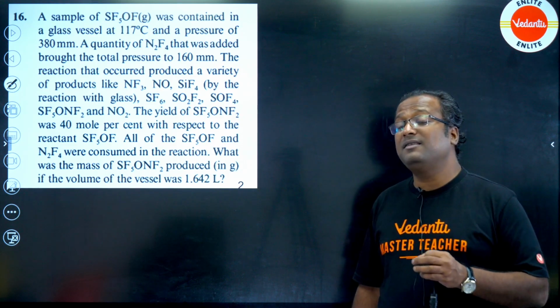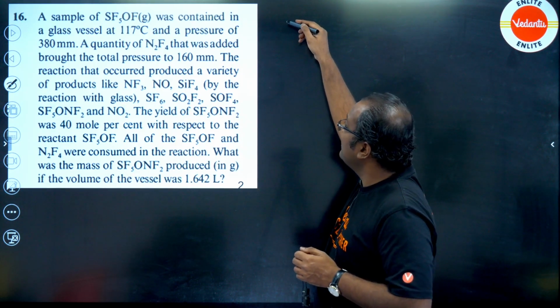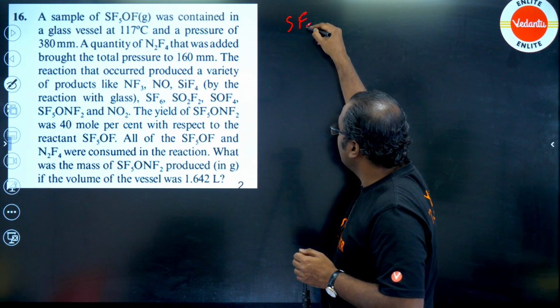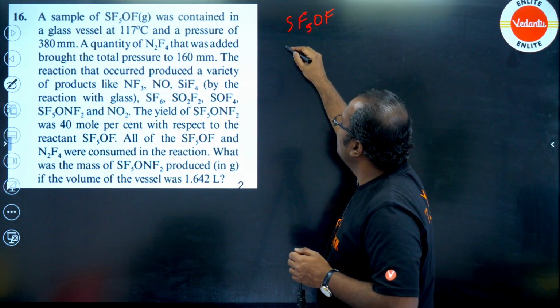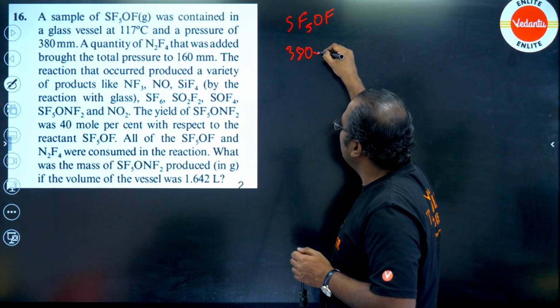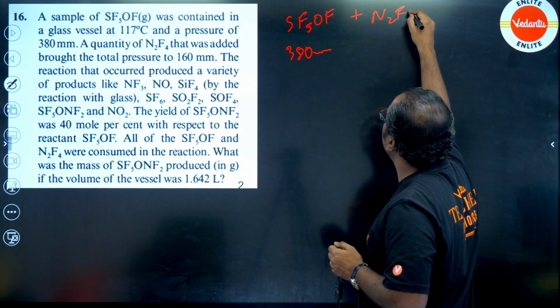Looks like a crazy complicated question. We have SF5OF, which was initially taken as 380 mm. We add N2F4 to it.